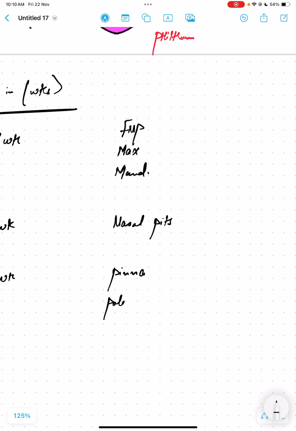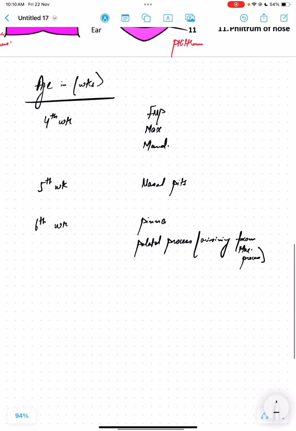And we can see the palatal process arising from maxillary process.